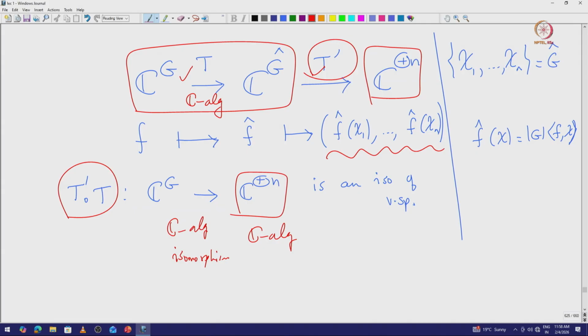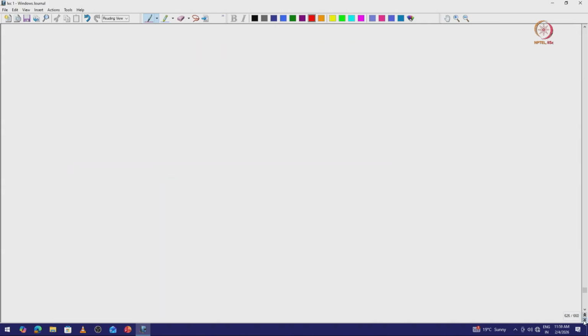Maybe let me just write down the formula and then it will become clear what I mean. One can replace f hat as follows. If you take f hat of chi.